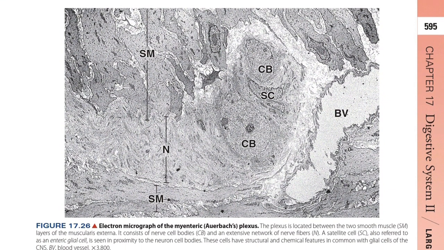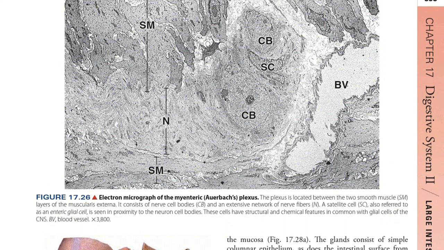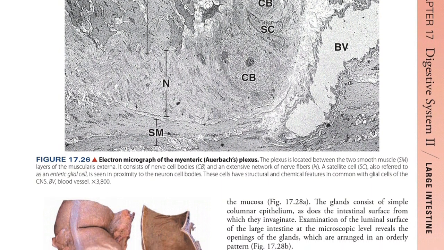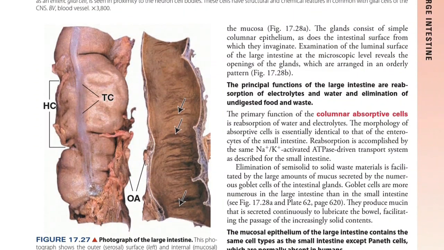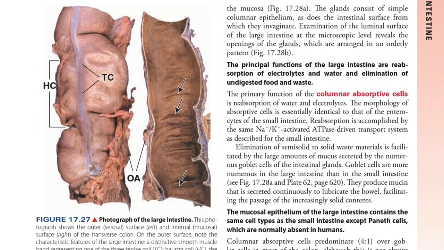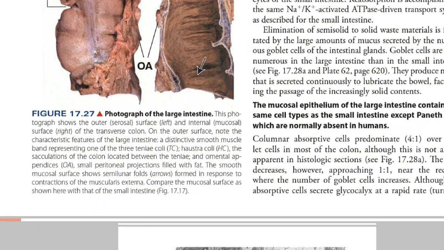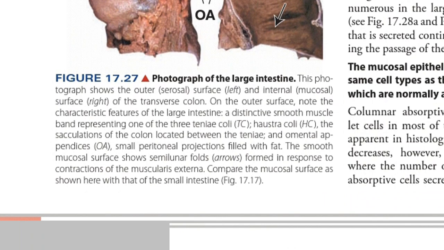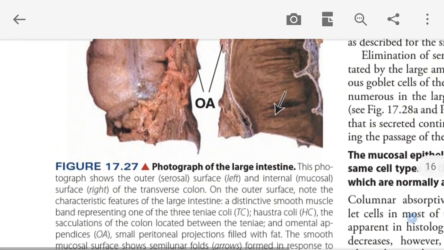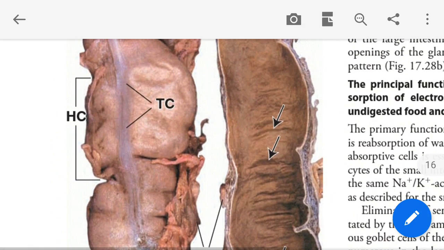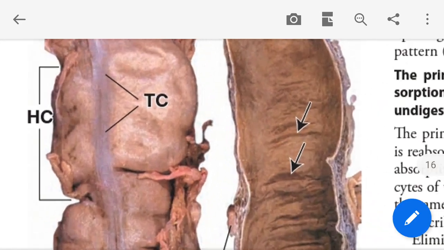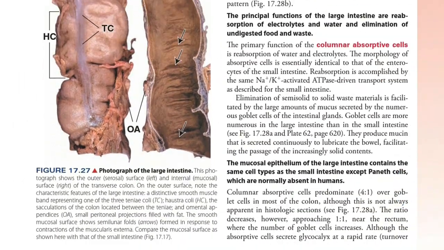This is not much useful according to your syllabus, but this figure is important for you. Left hand side, what is this? Photograph of the large intestine, and you read the key. So HC, TC. Let's find out what TC is.